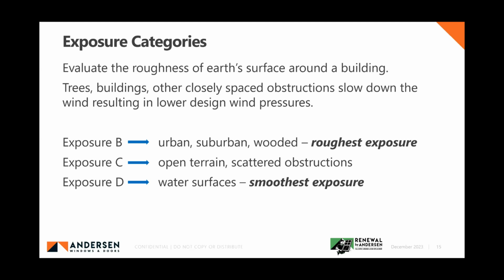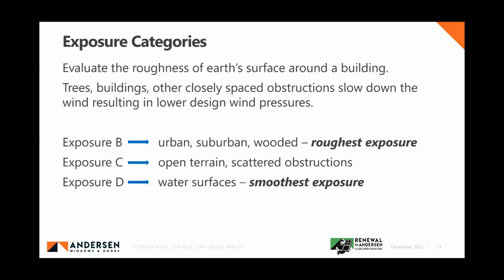But basically, these exposure categories are an approximation of the roughness of the Earth's surface around a building. When you have buildings or trees or other obstructions, they tend to slow down the flow of air, and it slows down the wind. Compared to a building situated next to a large open body of water, there's nothing really to slow the wind down.